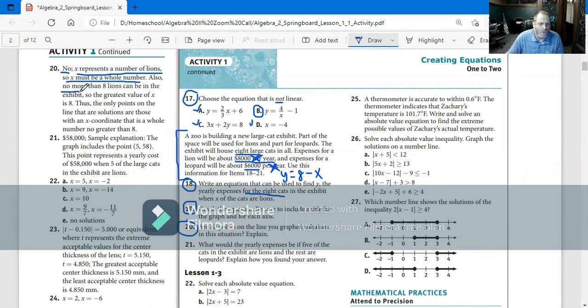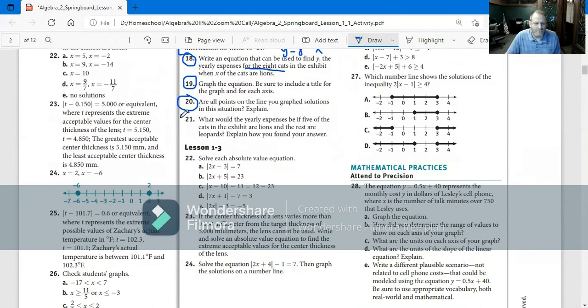Also, no more than 8 lions can be in the exhibit. So the greatest value of x is 8. Thus, the only points on the line that are solutions are those with an x coordinate that is a whole number no greater than 8. All right. Write that down. Take a moment, pause the video, write down number 20.